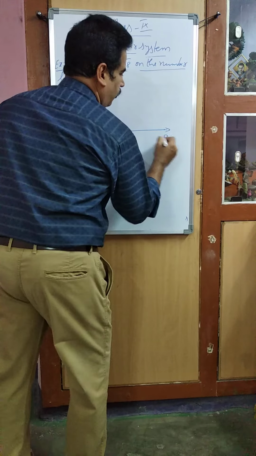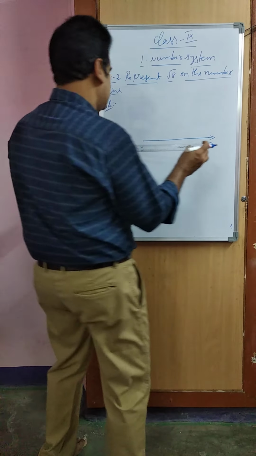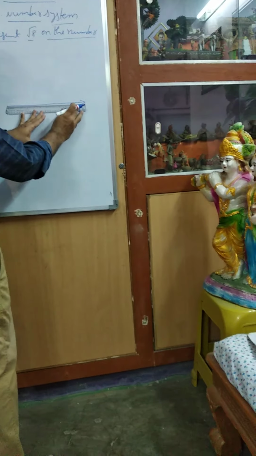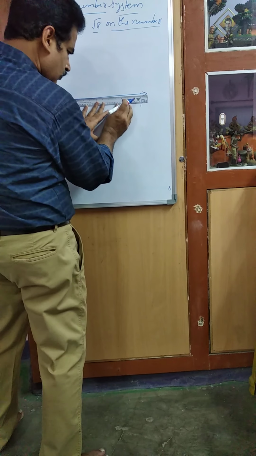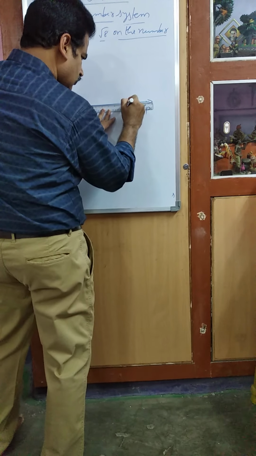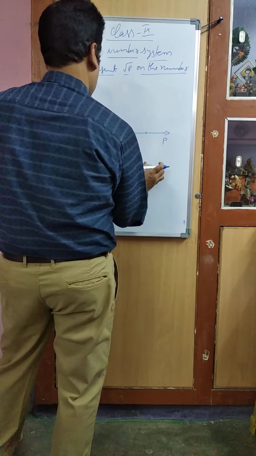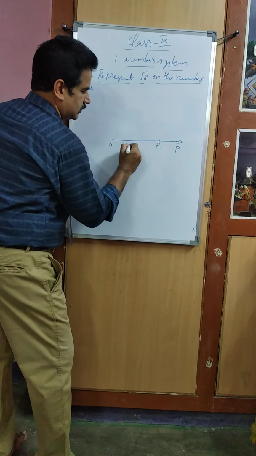Keep the scale on ray OP and take 2 inches. And now you put here A. Take OA as 2 units.